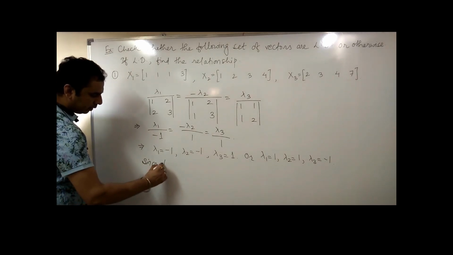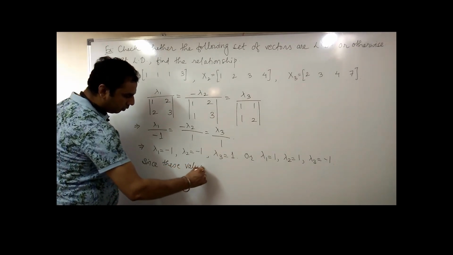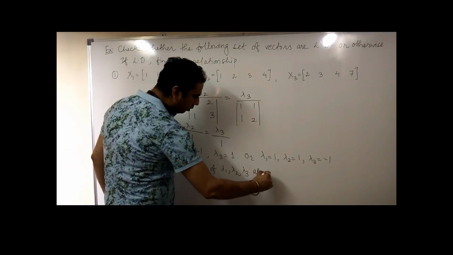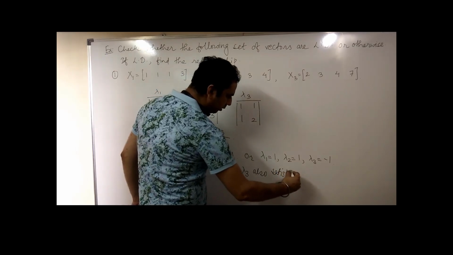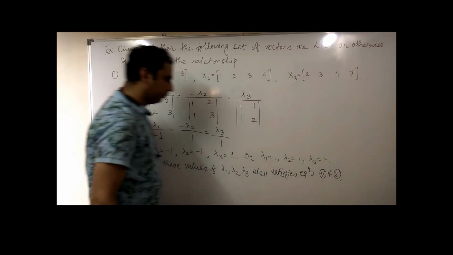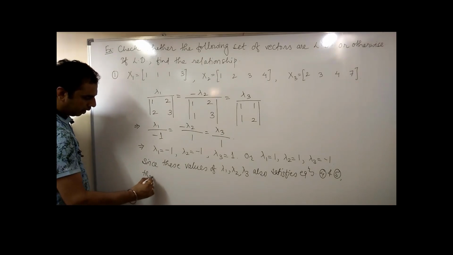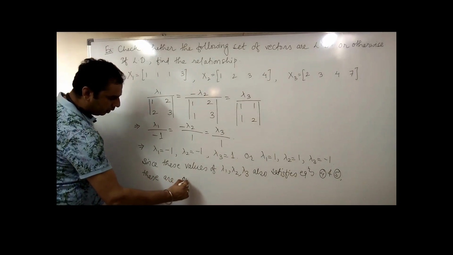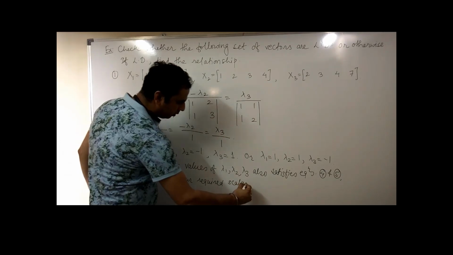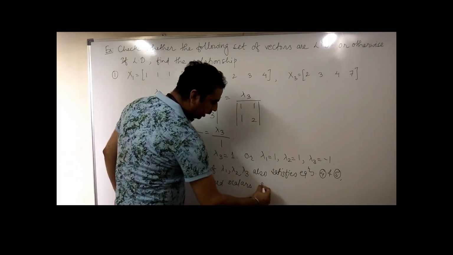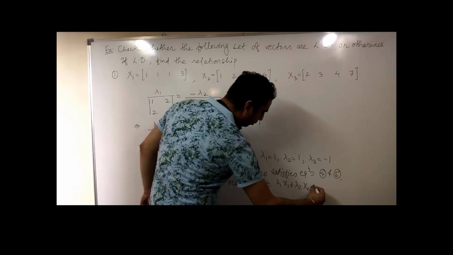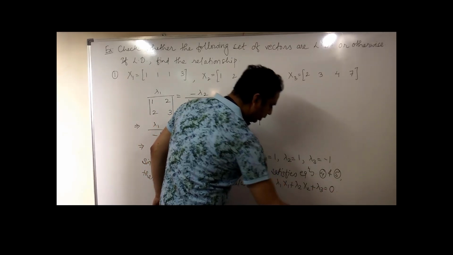So since these values of lambda 1, lambda 2, lambda 3 also satisfy equations 4 and 5, these are our required scalars such that lambda 1 x1 plus lambda 2 x2 plus lambda 3 x3 is equal to 0.